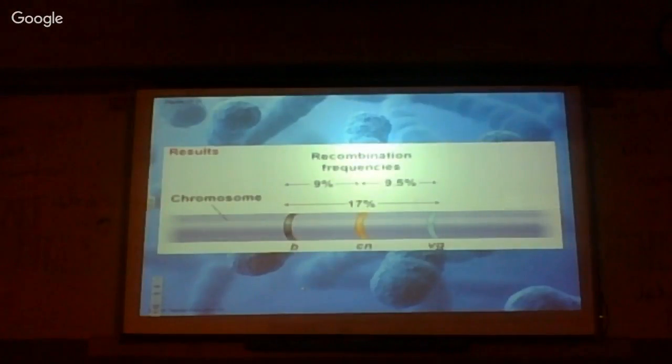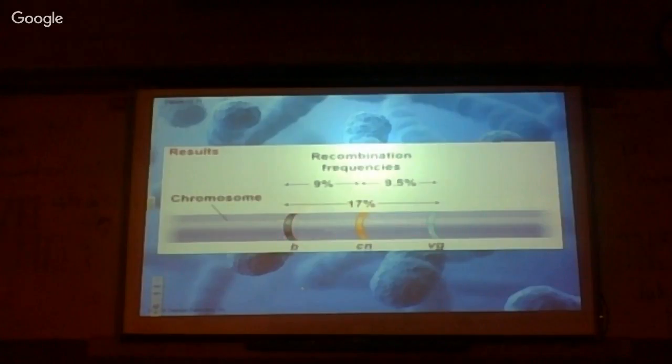So this is an example of what he found. This would be body color. The B is body color. CN is cinnabar, I think that's eye color. And then VG is wings. So these are three different alleles. And he found that there is 17% recombination frequency between these two alleles.